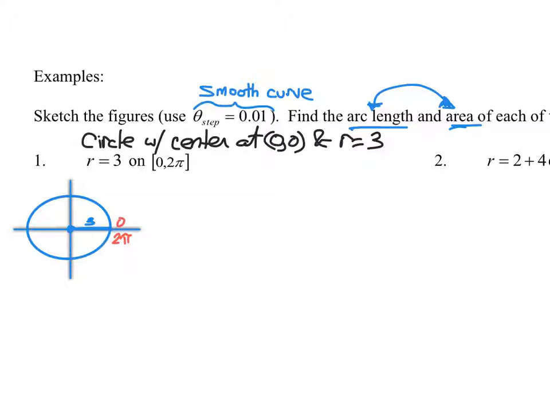But for arc length, it does matter because I'll tell you right now, if I'm running around a track and you tell me I have to run around it 30 times, I don't care how much area is contained within the track, I have to run around the edge of that thing 30 times, that's going to be a problem. So arc length, it matters in terms of the length. So in that regard, you just go with it as is. The area, you have to be very careful about where the graph begins and where it ends.